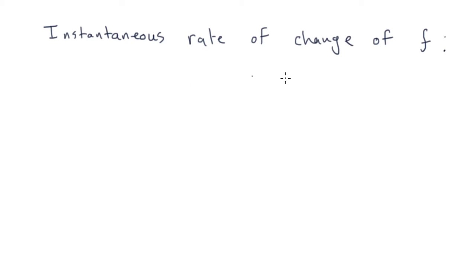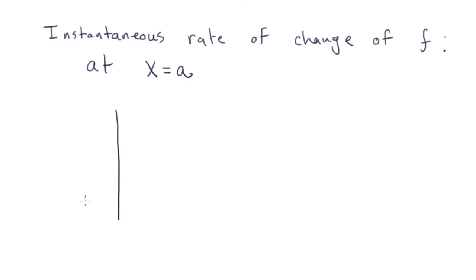So the instantaneous rate of change of f, not over an interval, but at some point x equals a in the domain of f, is like the instantaneous velocity or the instantaneous speed. So at any given time, the instantaneous rate of change is what your speedometer is telling you how fast your car is going.